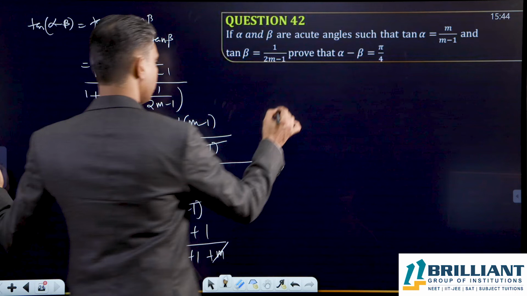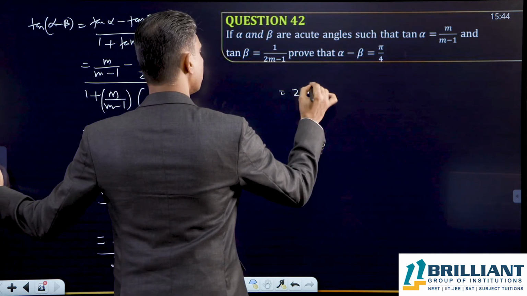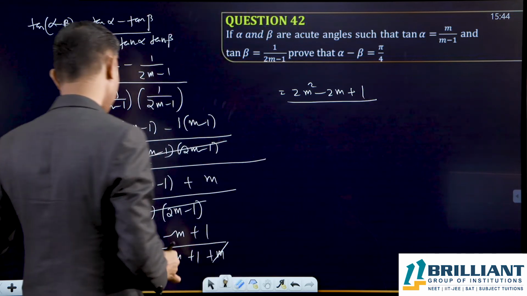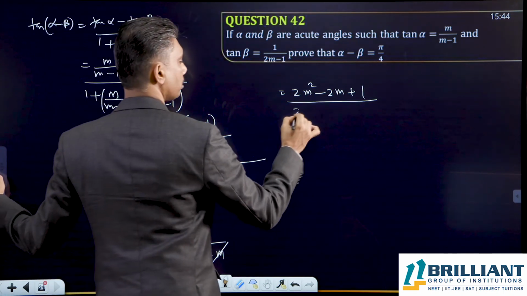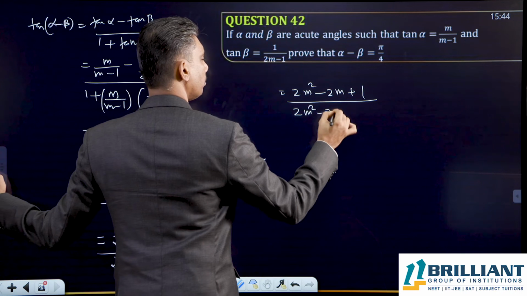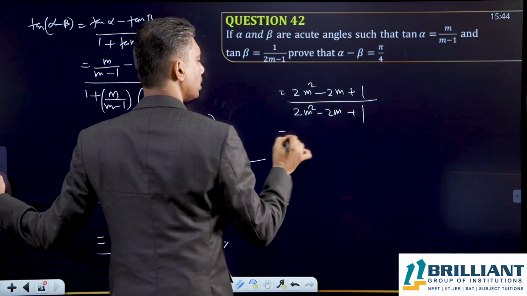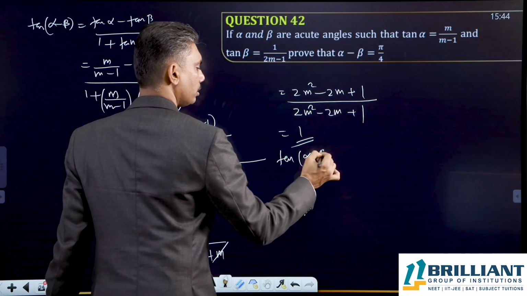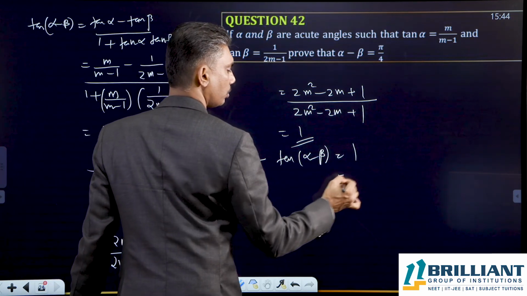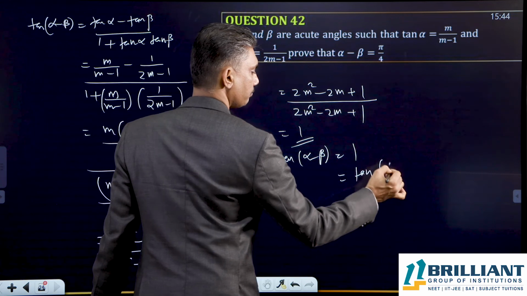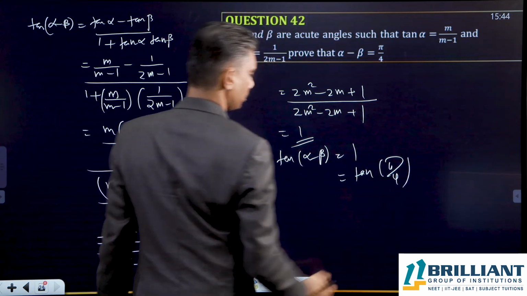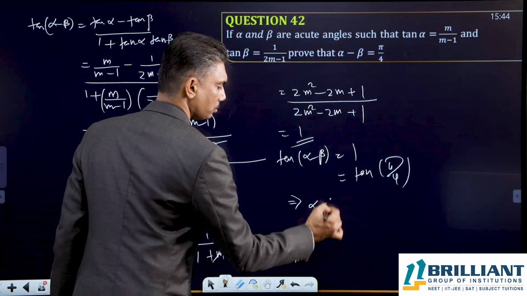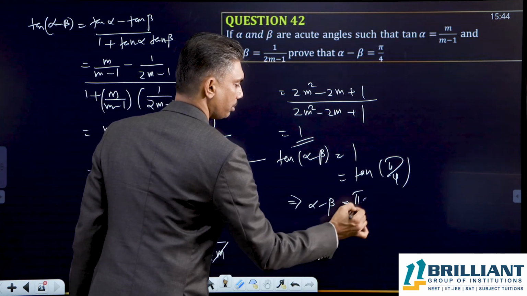You will be getting 2m square minus 2m plus 1 by 2m square minus 2m plus 1 equal to 1. Therefore, tan of alpha minus beta equal to 1, that is tan pi by 4. Therefore, alpha minus beta equal to pi by 4.